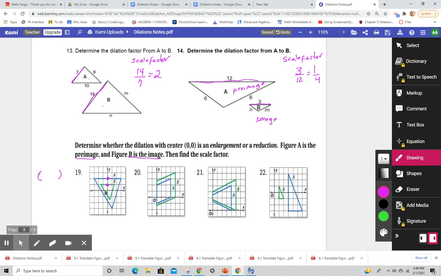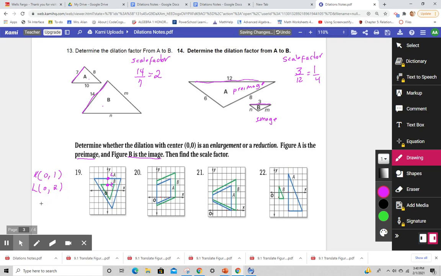We'll call this K, and we'll call this L. We don't have to name it at all, but we could if we want. K is located at (0, 1), and L is located at (0, 2).